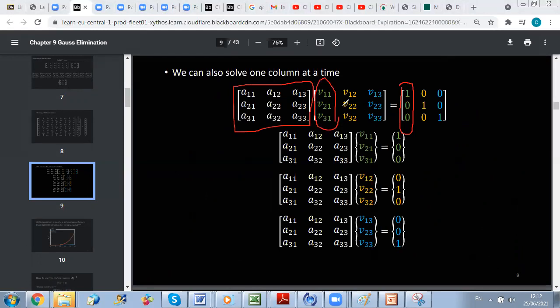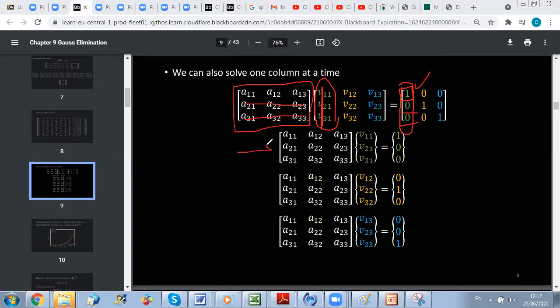How do you obtain 1 here? You just do a11 b11 plus a12 b21 plus a13 b31, and you get 1. Then you multiply the second row by this same column, you get 0. And you multiply the third row by the same column, you obtain 0.